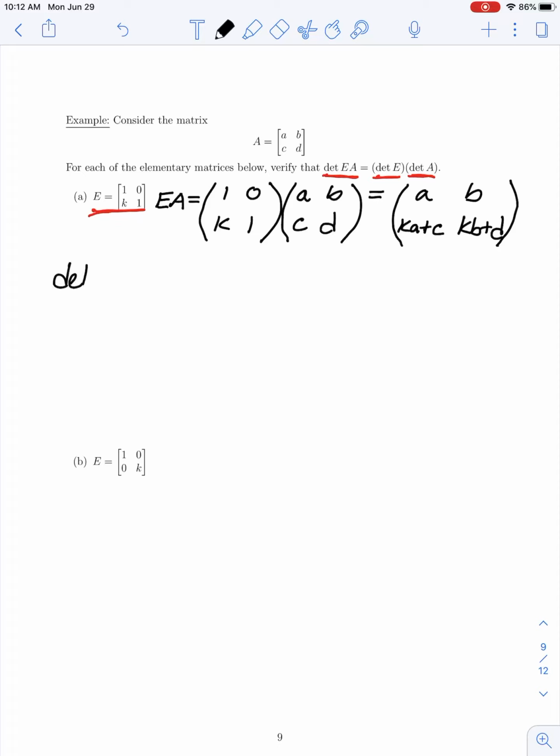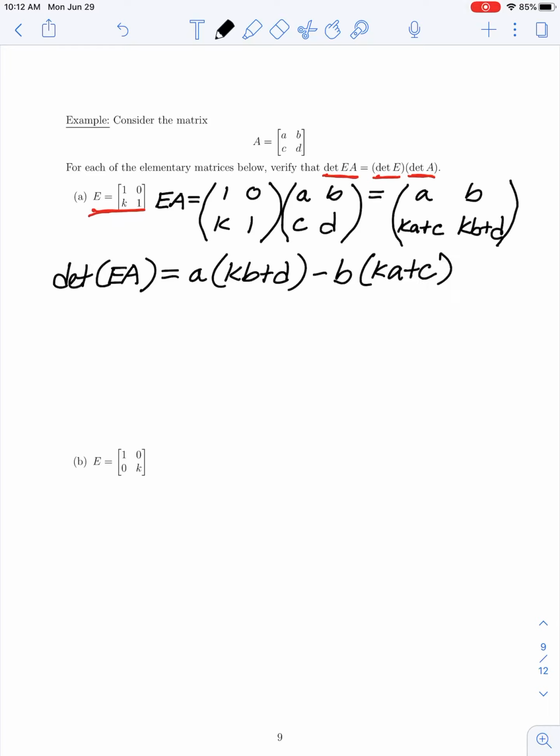So taking the determinant of this matrix, E times A, for the determinant of a 2x2, we have the product of the diagonals, so a times (kb plus d), minus the product of the off diagonals, which would be b times (ka plus c).